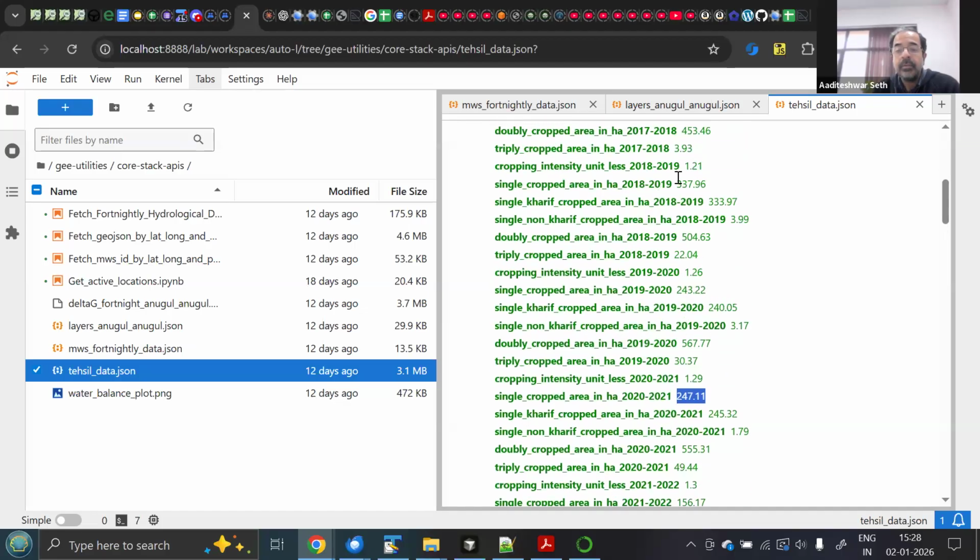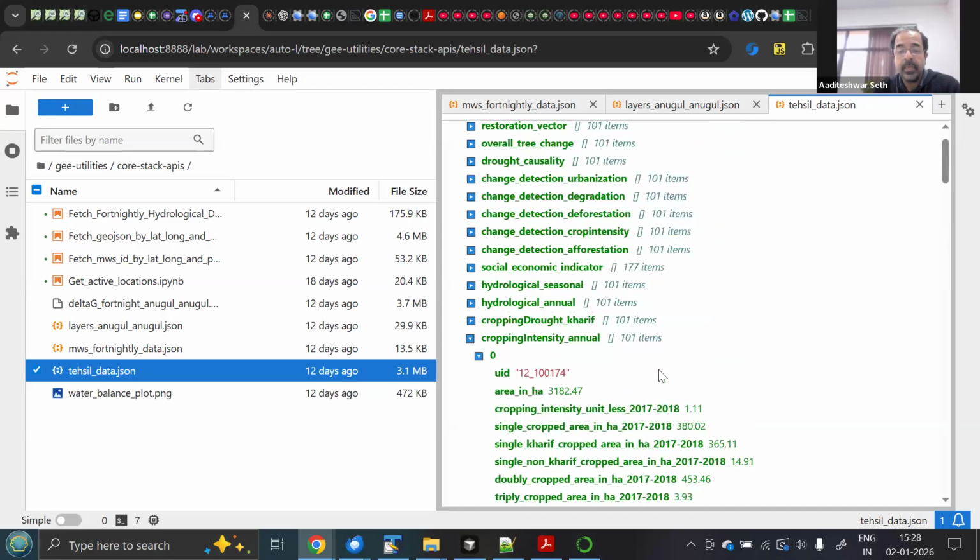In fact, you can see that it is varying: in 2021, 247 was single crop, but in 2018-19, 337 was single crop. So more cropping happened over here. Potentially, this could be because this year, 2020, may have had a drought.